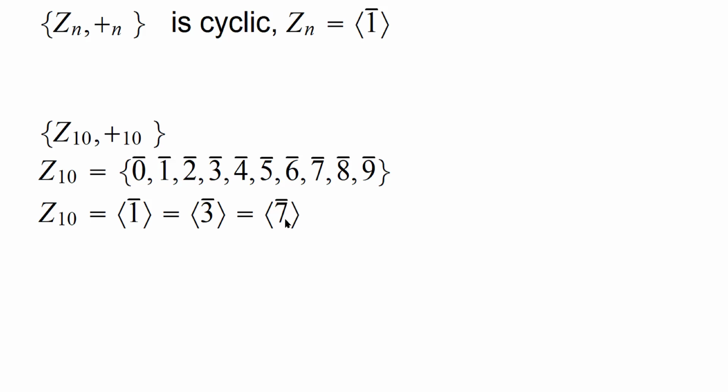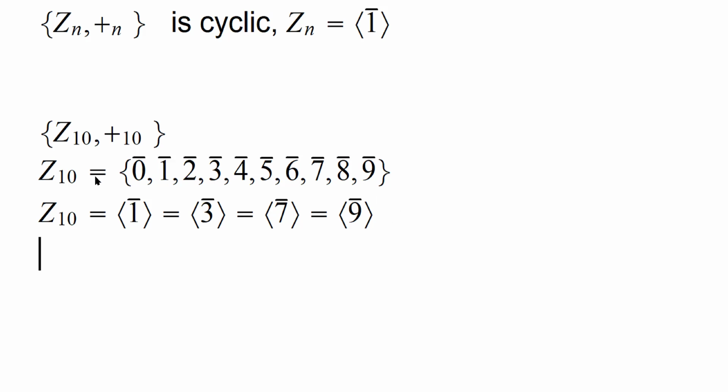All right, with 7 also you have the same thing. And you just sit down and see how 9 works, because 9 to the power 1 is 9. Then 9 plus 9 is 18, so modulo 10 will be 8. Then 9 plus 9 plus 9 is 27, modulo 10 would be 7. So it just goes in reverse order here.